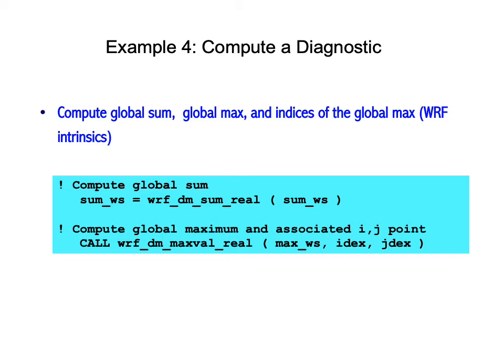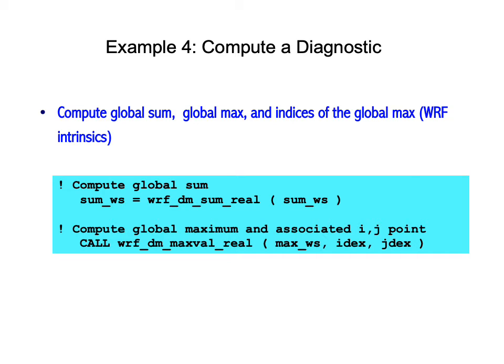So here are a couple of example built-in routines. WRF DM sum real, and this simply says this is a WRF subroutine, DM for distributed memory. We can add up a number of real variables.